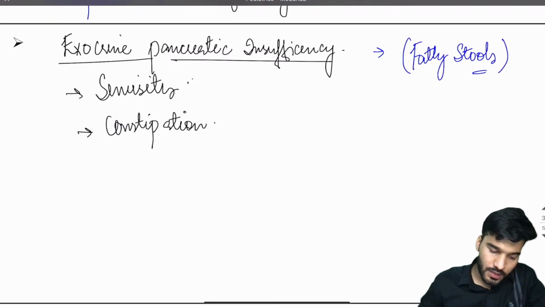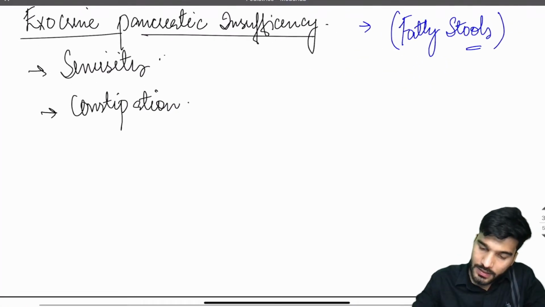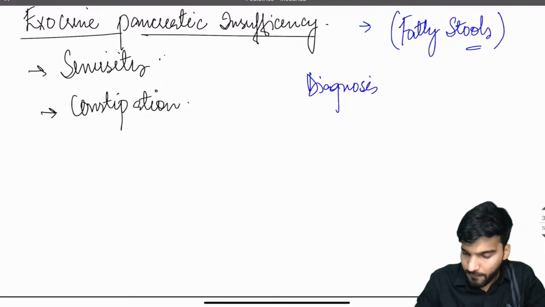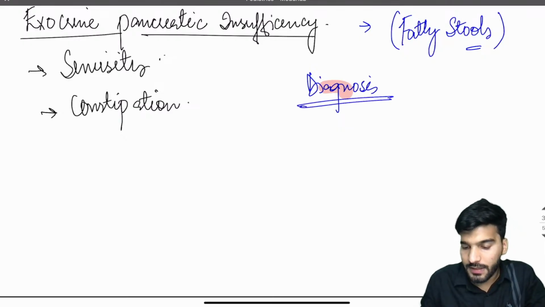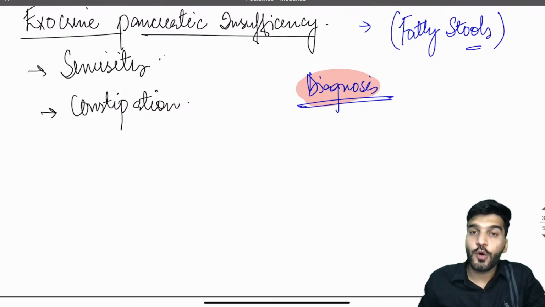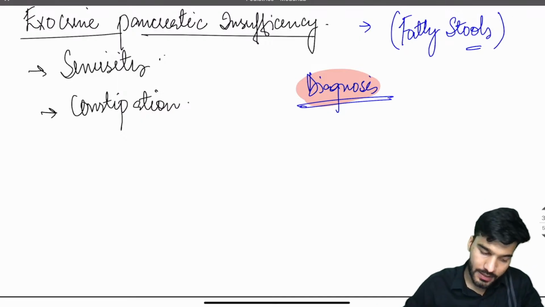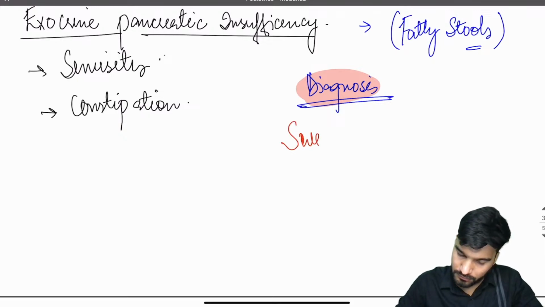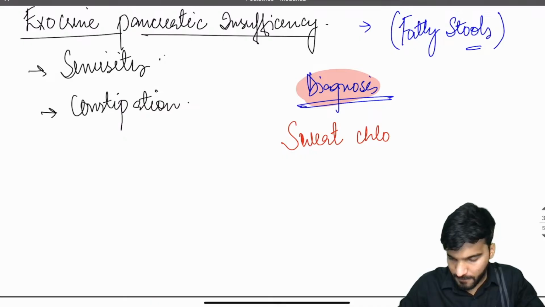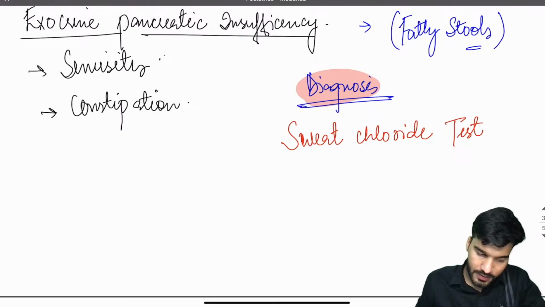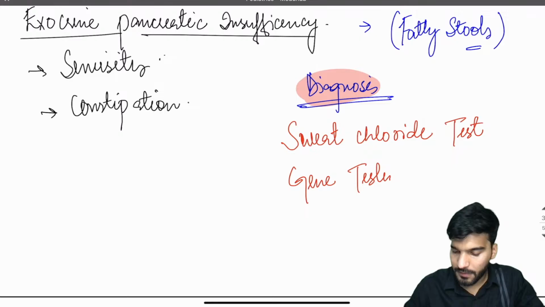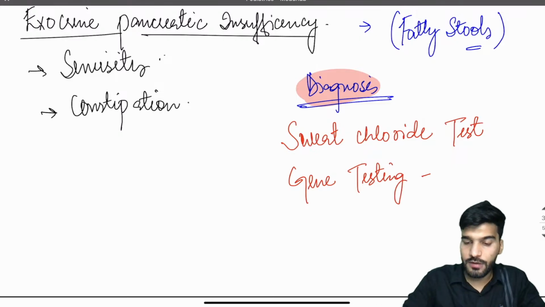Now for the diagnosis of cystic fibrosis, what are the tests we do? First of all, we go for the sweat chloride test. Then we go for gene testing, CFTR.